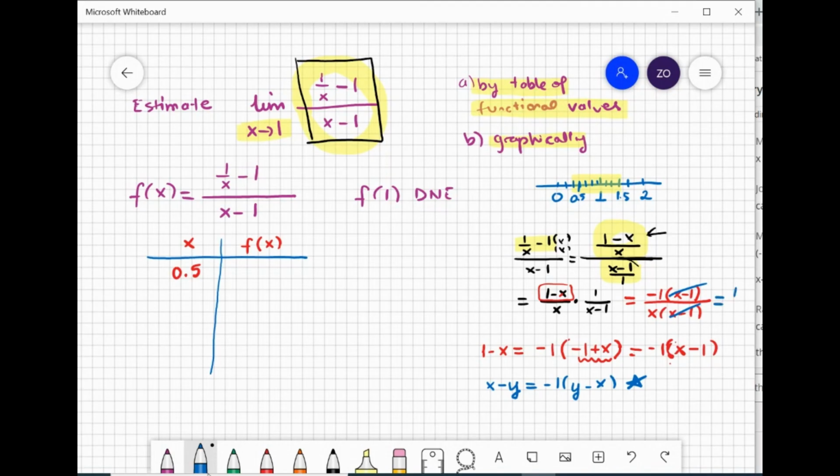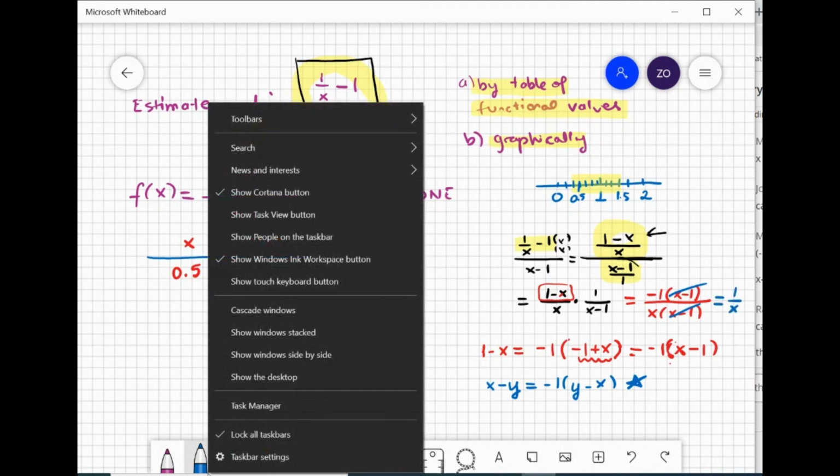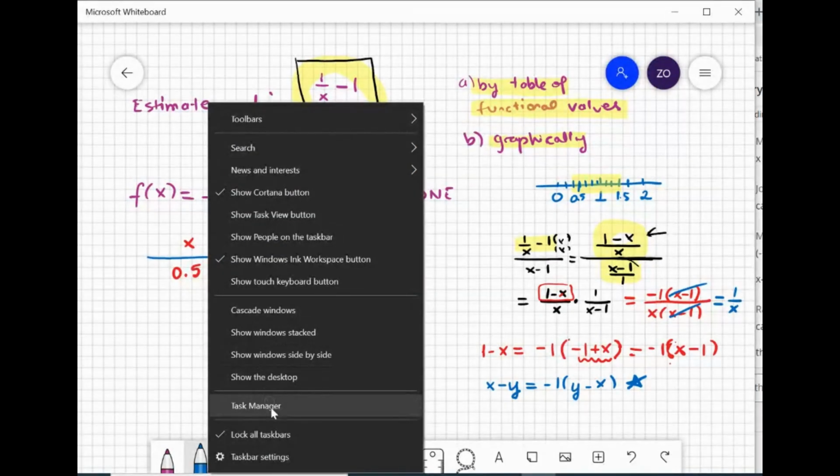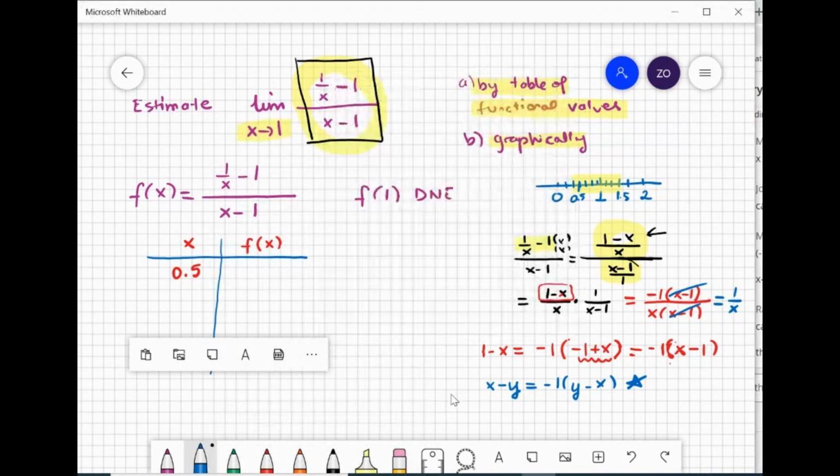So this function, in fact, simply becomes 1 over x. Negative 1 over x, that's correct. Thanks for correcting. So this is negative 1 over x.